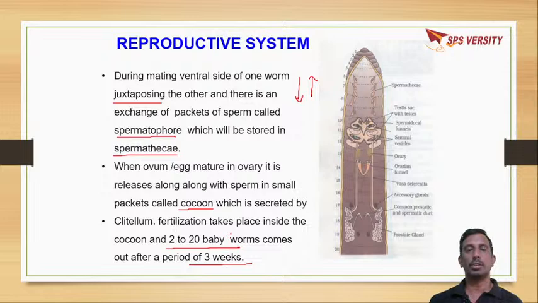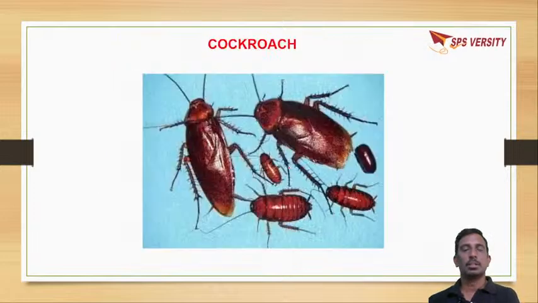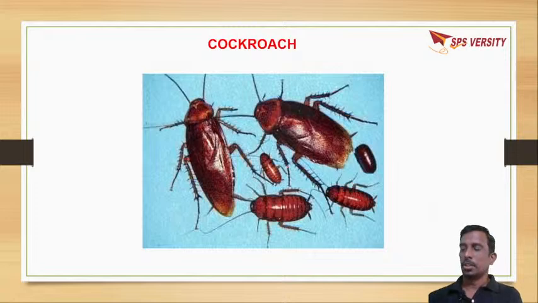So this is cross-fertilization, not self-fertilization, even though it is bisexual. This is about the morphology and anatomy of earthworm.